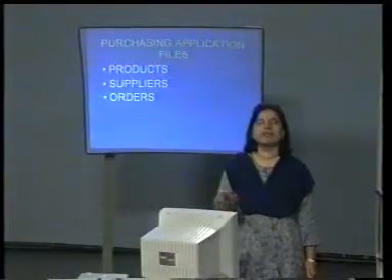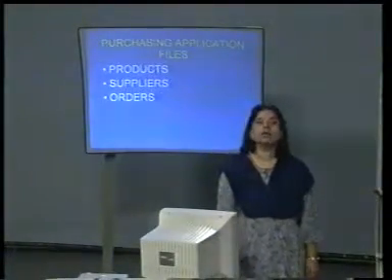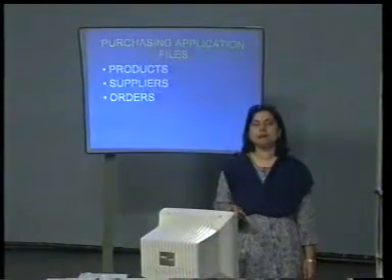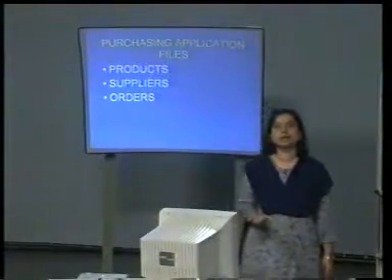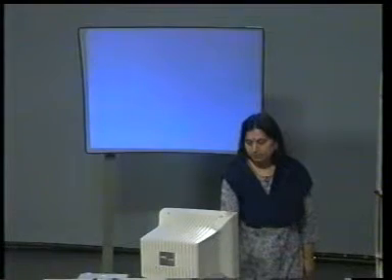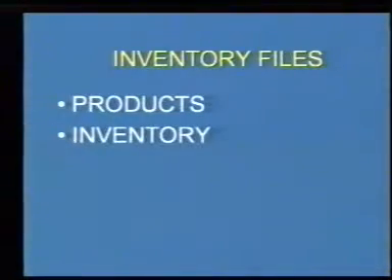The suppliers file will have all the data pertaining to the suppliers from where the products are being procured, and the orders file will have data regarding which orders have been placed, which orders have been executed and which orders are yet to be executed. Then the inventory application is going to require the product file and the inventory file.